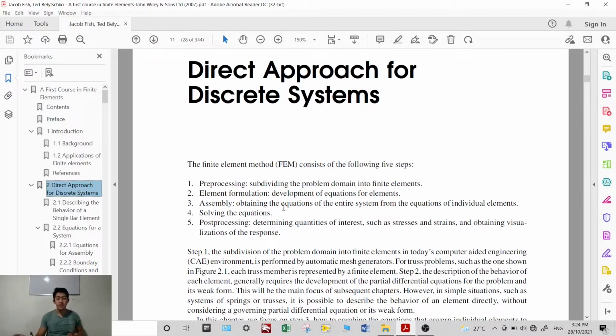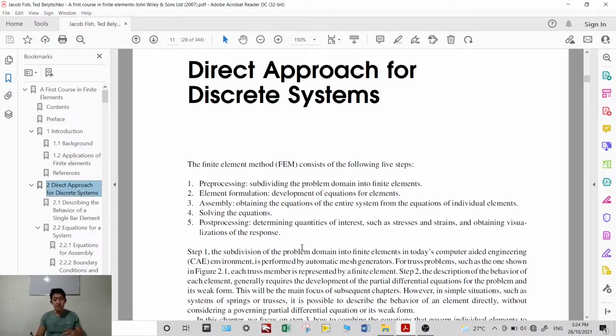And then after dividing, you develop the equation for each element. Okay? So if you have 1,000 elements, you also get 1,000 equations. That is why you need fast computers for finite element analysis. You cannot do it manually.